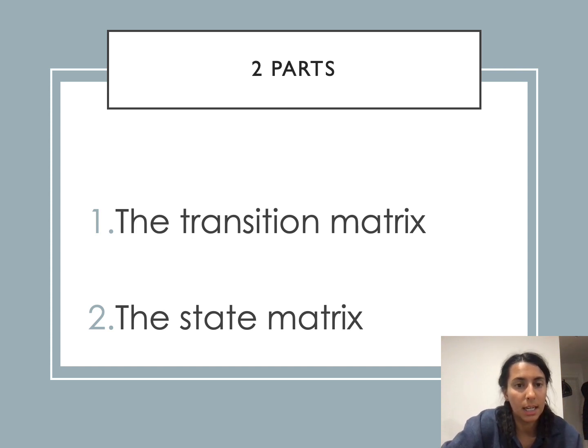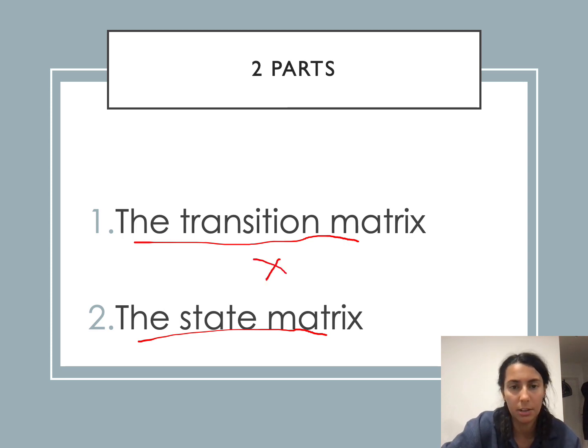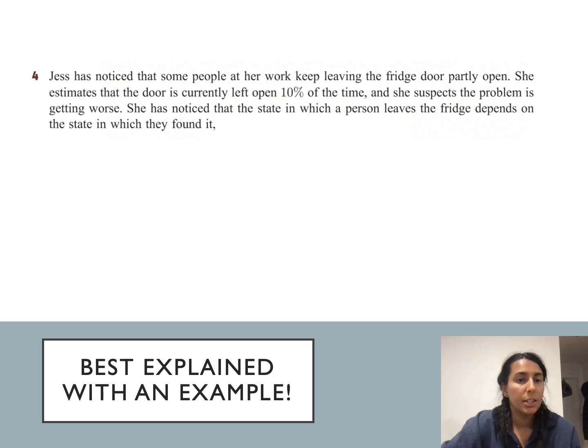So let's get started. There are two parts to a transition matrix: the transition matrix and the state matrix. What we will be doing is multiplying them together. But let's have a look at the example. Jess has noticed that some people at her work keep leaving the fridge door partly open. She estimates that the door is currently left open 10% of the time, and she suspects the problem is getting worse.